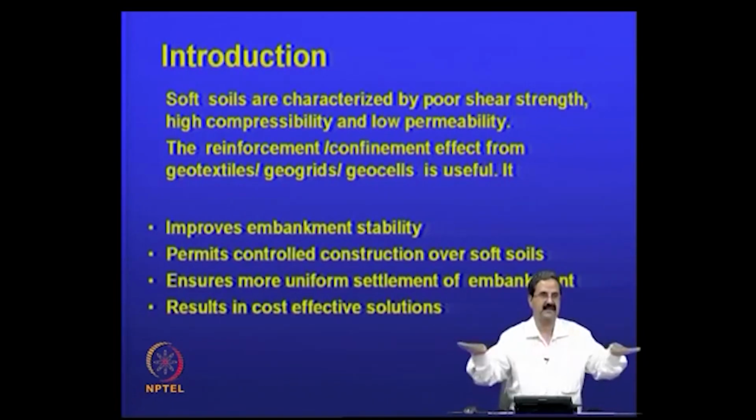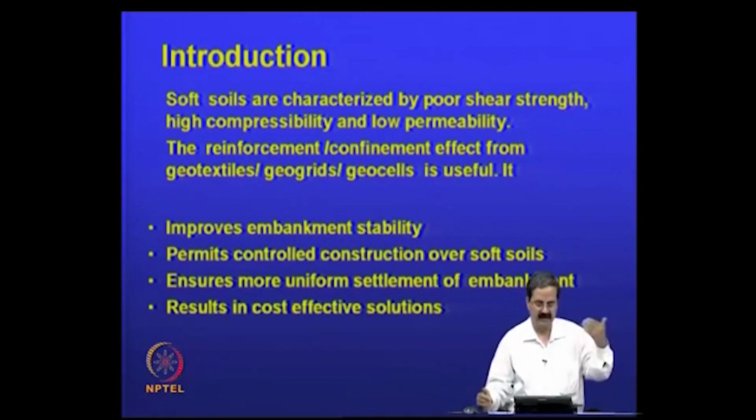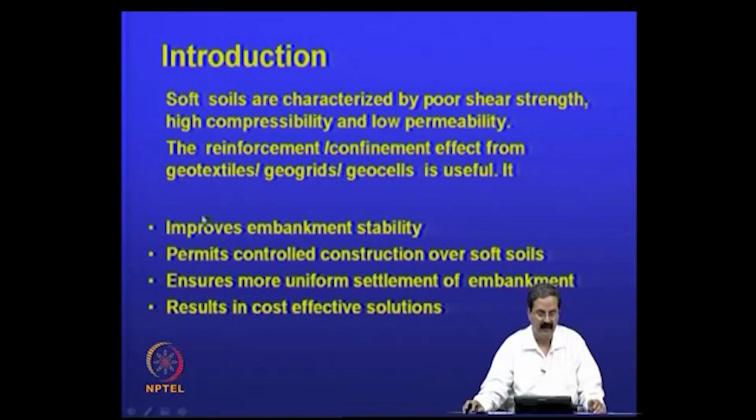If you have a geotextile at the interface, that loss could be prevented, the mixing of soil and sand could be prevented, and one can properly account for how much sand is used, what the settlement in the clay is, and what the effect of the sand is. So, it permits controlled construction over soft soils and ensures more uniform settlement of the embankment.